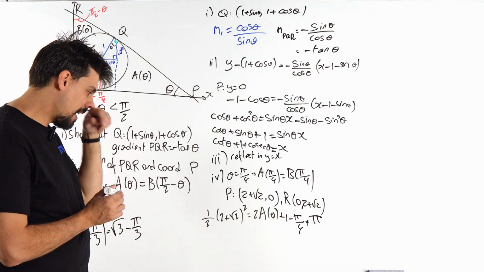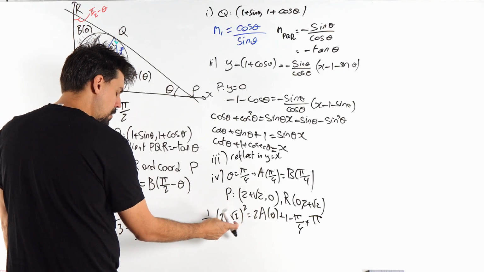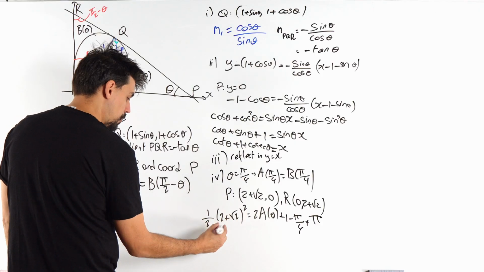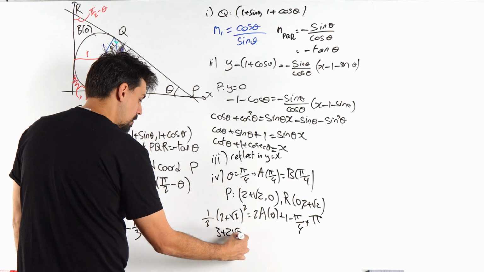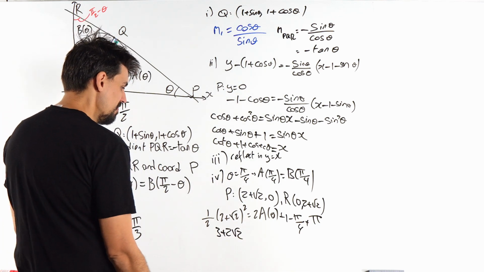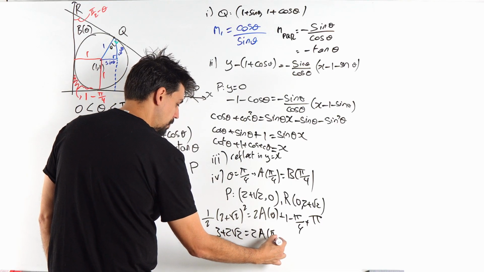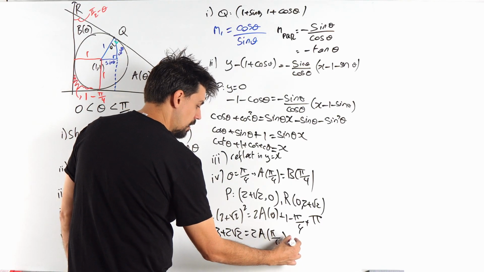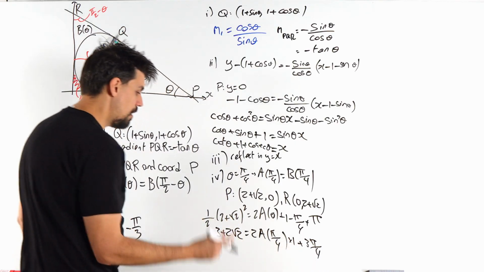And now we just need to tidy this up. 2 plus root 2 all squared is 6 plus 4 root 2, so that is 3 plus 2 root 2 is equal to 2a, probably should have put pi over 4 in there, plus 1 plus 3 pi over 4.